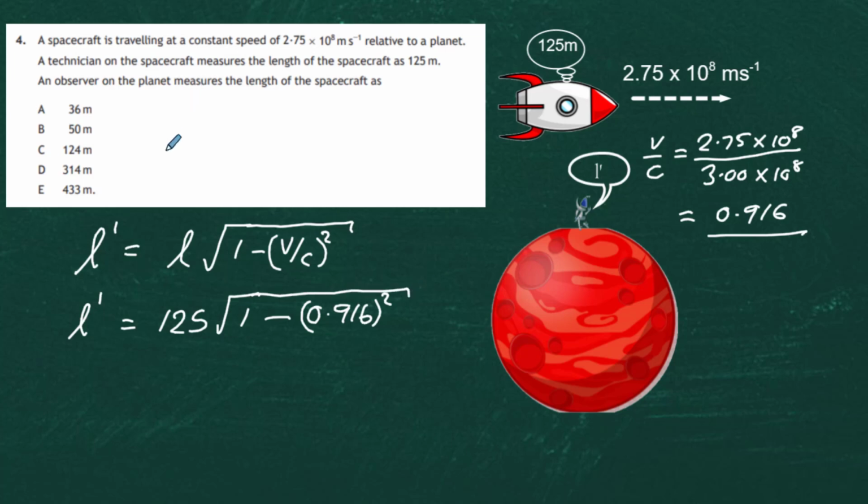So when we do that in our calculator, we end up with an answer which is very close to 50 metres. So you can see that the observer on the planet is going to measure a smaller length of the spacecraft. So in this case, the answer to question 4 is going to be B.